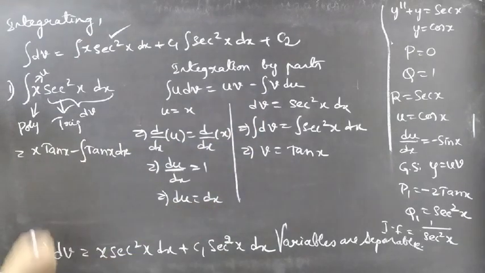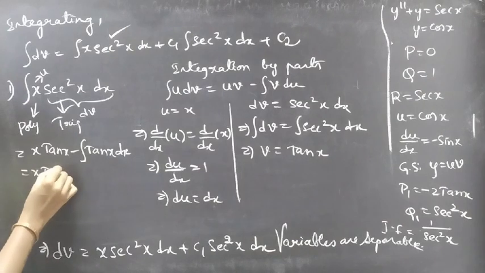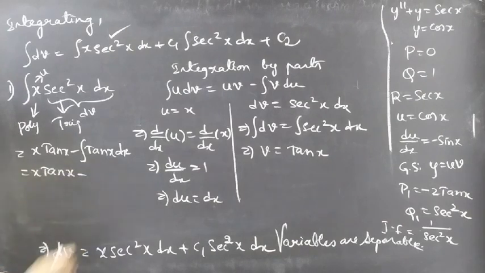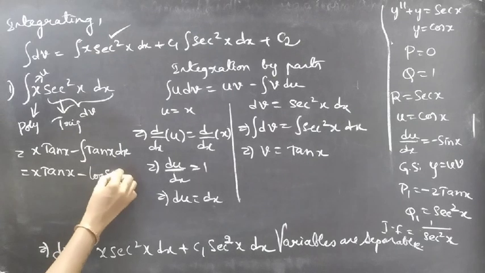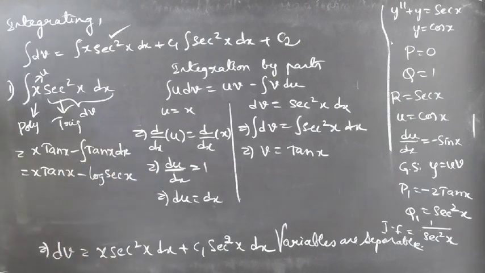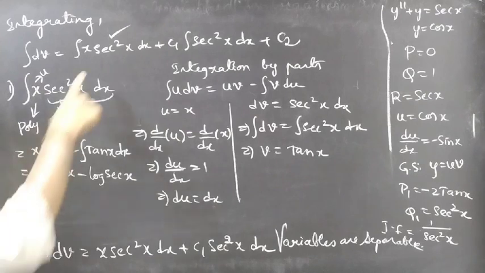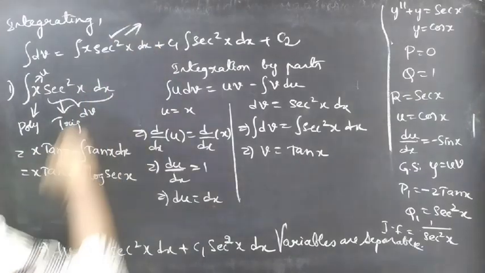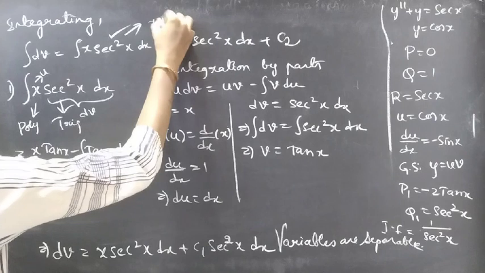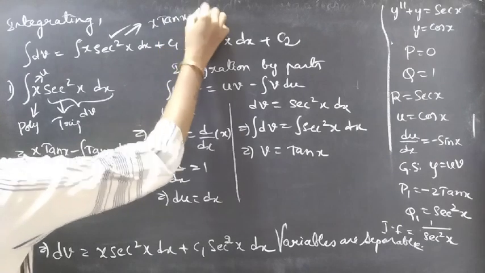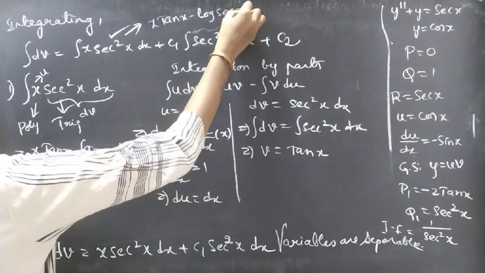equals x tan x minus log secant x dx. So the result obtained from this integral is x tan x minus log secant x.